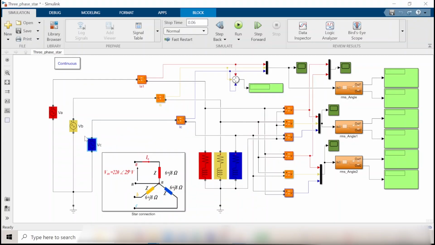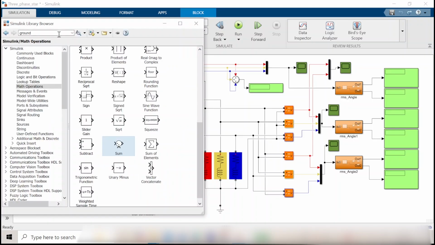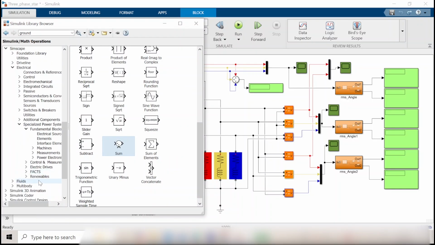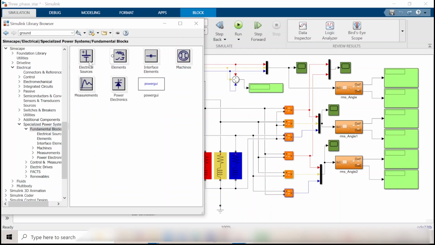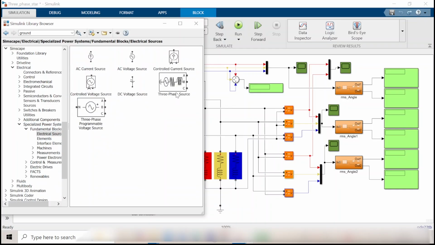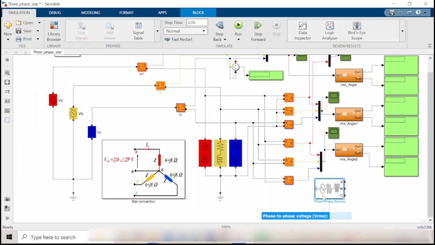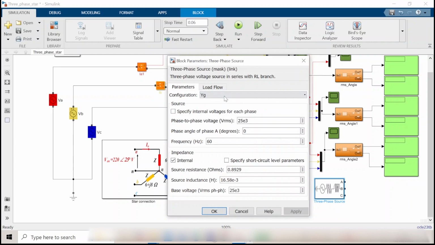Can we have a 3-phase source directly? Yes, if you go to the library and check here for Electrical Specialized Power System, going for sources, electrical sources, you are going to find a 3-phase source. If you drag that one and drop it here, don't forget that one has an impedance. So if you click on that one, you are going to choose star or star grounded.